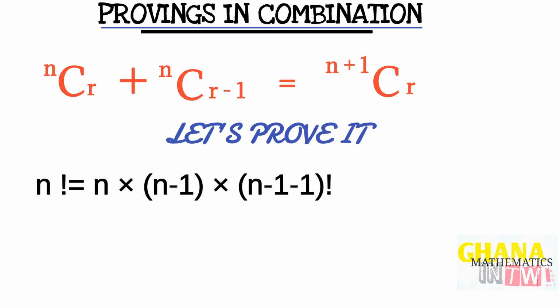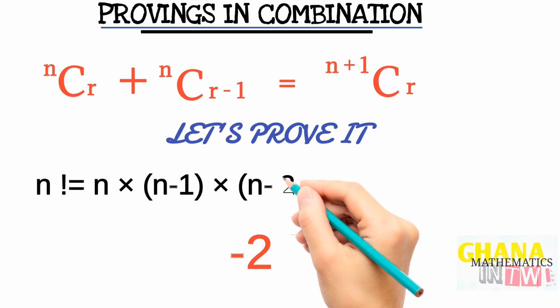So let me use variables to explain this to you. So n factorial is n times n minus 1, because we are decreasing the n. So n times n minus 1 times, and you take away 1 from the n minus 1. So if you take away 1 from minus 1, you get minus 2.